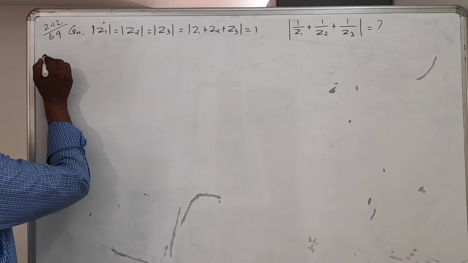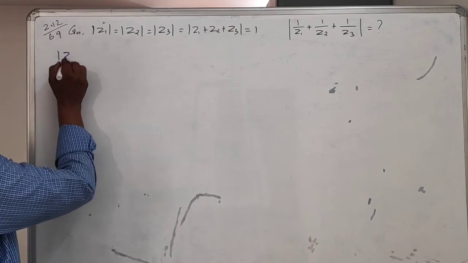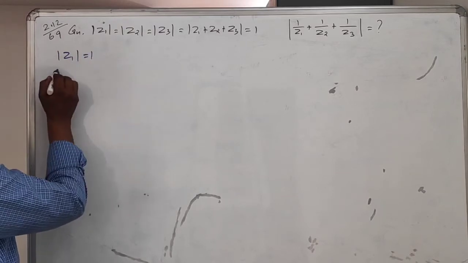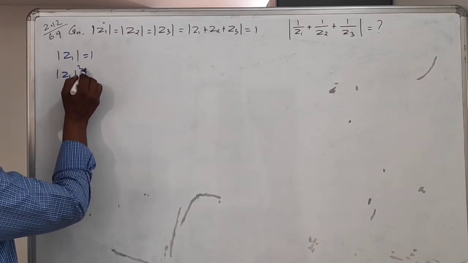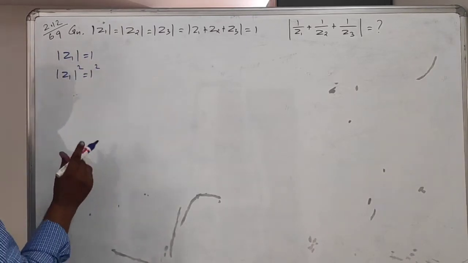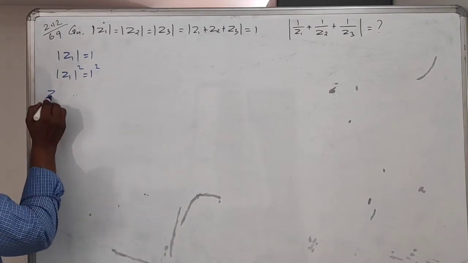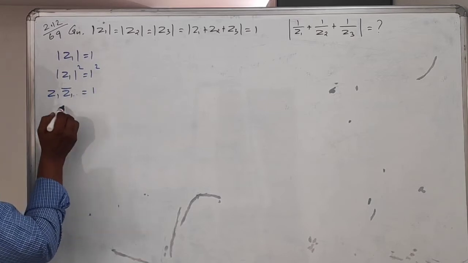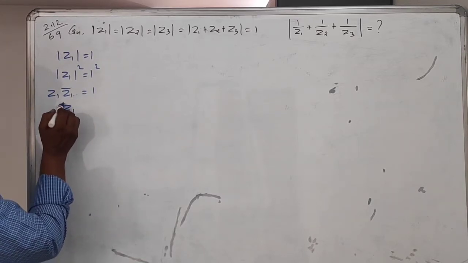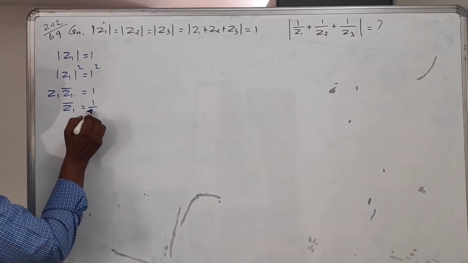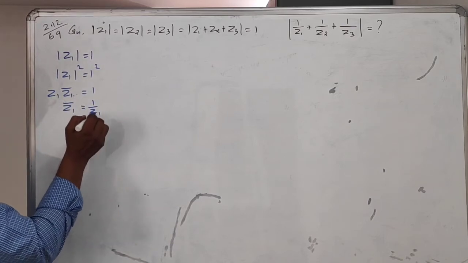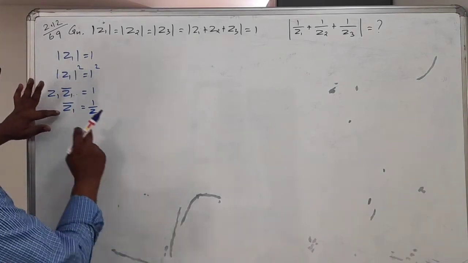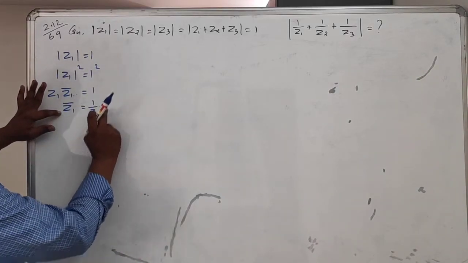Here modulus Z1 is equal to 1. Therefore, modulus Z1 square is equal to 1 square. This modulus Z1 square you can write as Z1 into Z1 bar, which is equal to 1. From this, Z1 bar is equal to 1 by Z1.